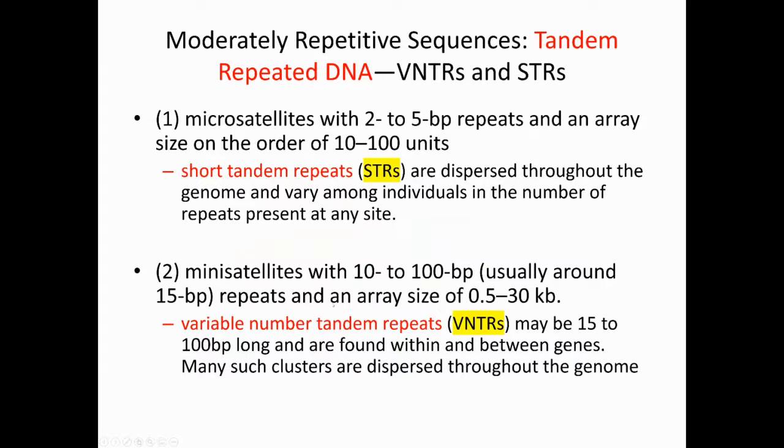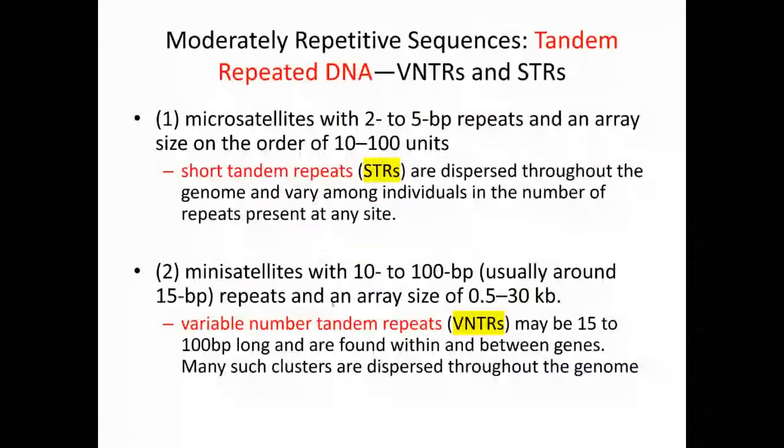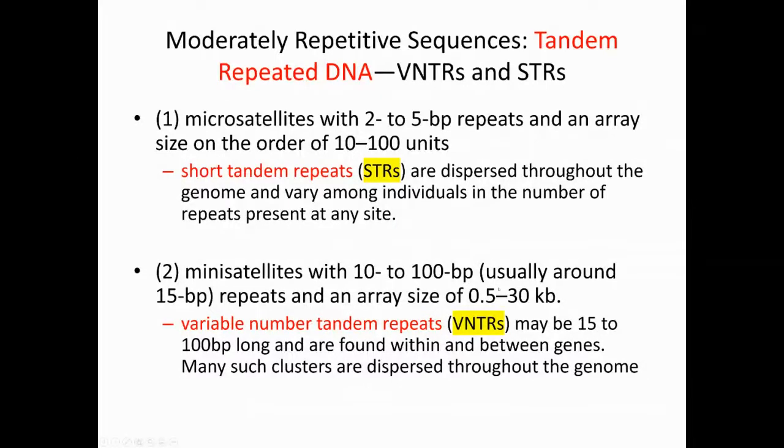And this is the tandem repeat that we just discussed in the moderately repetitive sequences, where short tandem repeats are used for forensic science. Microsatellites have 2 to 5 base pair repeats, with different sizes of 10 to 100 units.